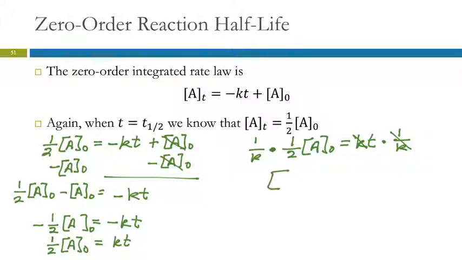So that's A0 divided by 2K is equal to T, and that's our T1/2. Any questions?